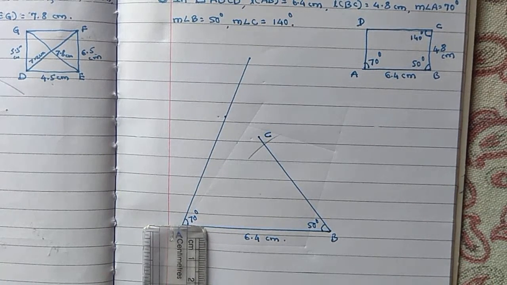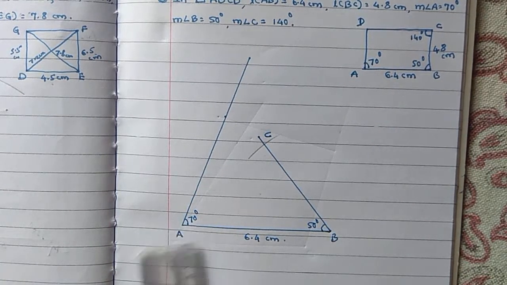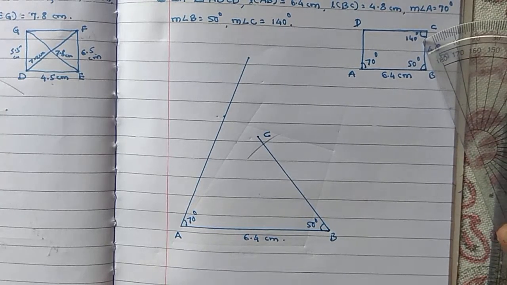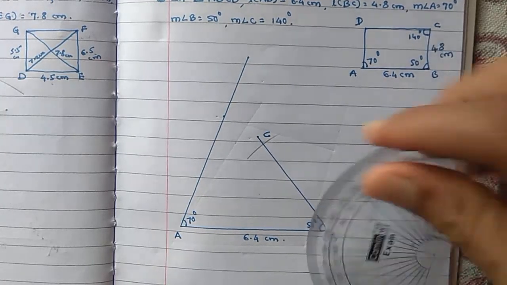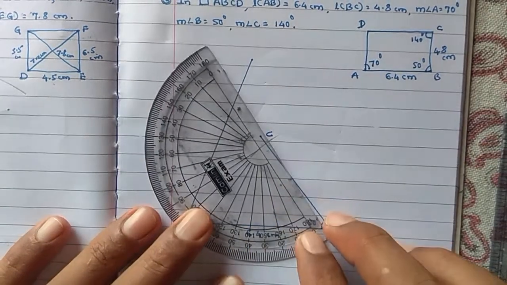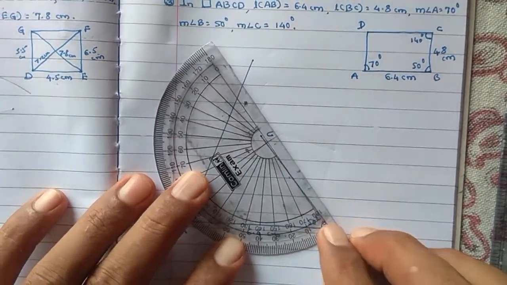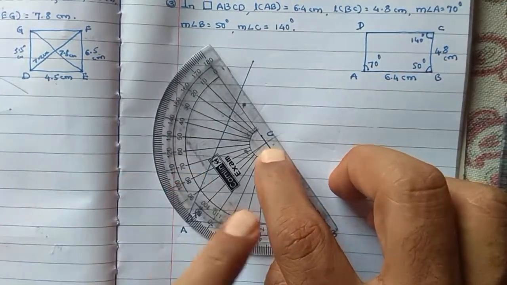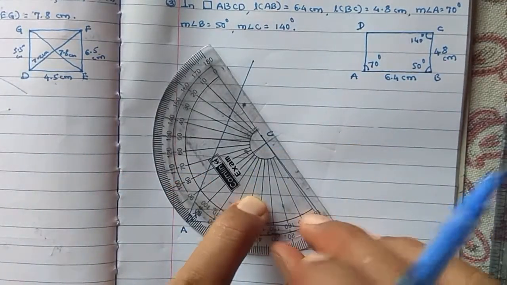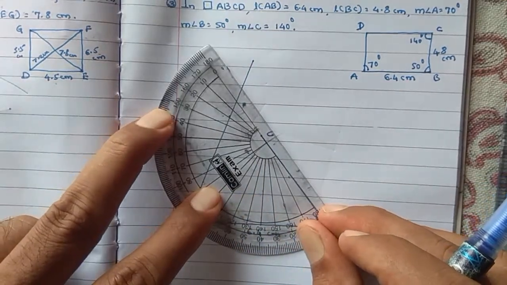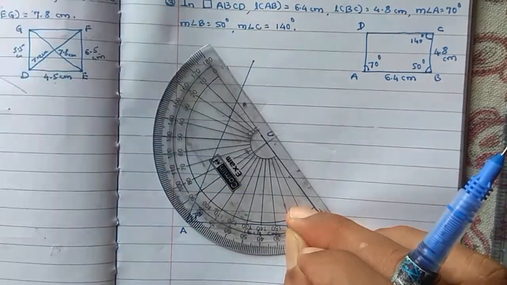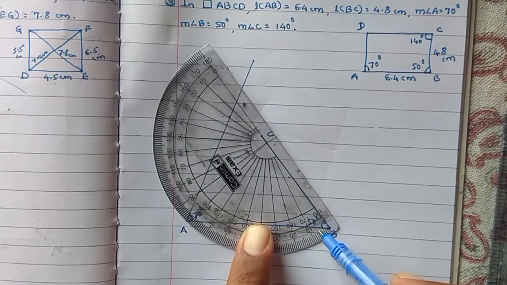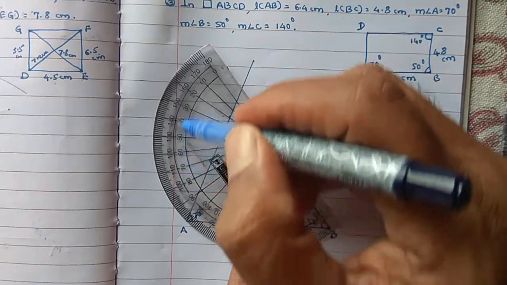Right. Now from the point C, we have to take the measure of the angle as 140 degrees. So adjust the protector properly, adjust the baseline, adjust the center point. Okay. And from this side, from this 0, you have to take how much? 140 degrees.